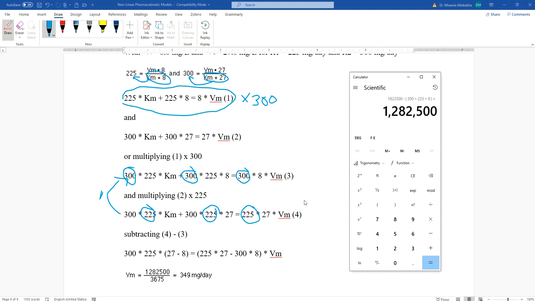Okay. Now this will be equal to what? I need to get the values for this one, 300 times 8 Vm.